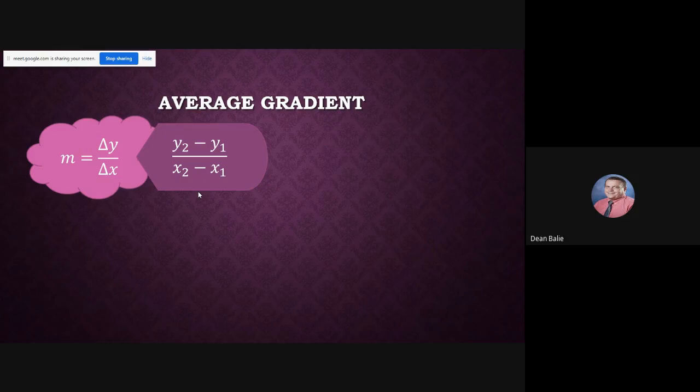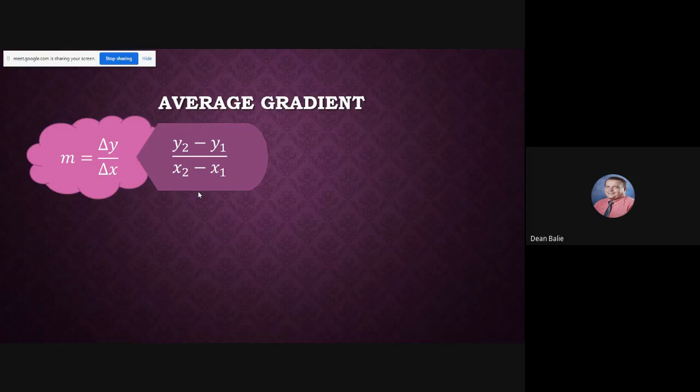Those are the changes in the y values of 2 points over the changes in the x values of 2 points. If we now consider that y is actually f of x, we've grown away from using y's and started using f of x's and g of x's since grade 10, when you were introduced to function notation.